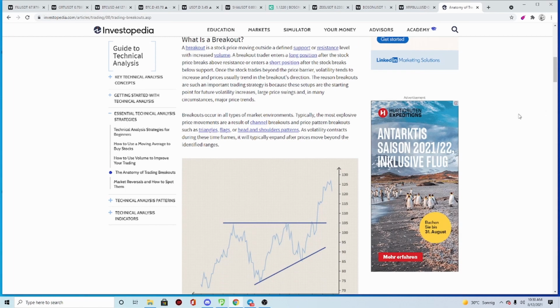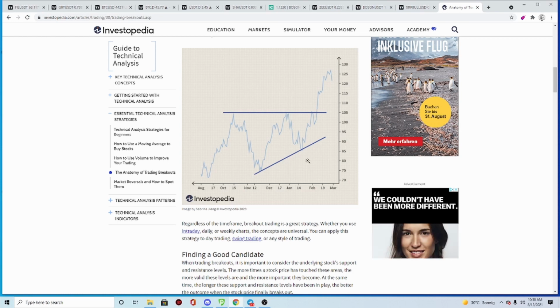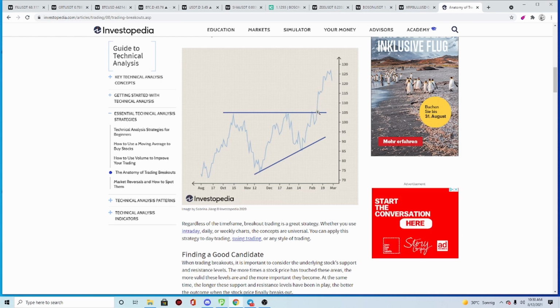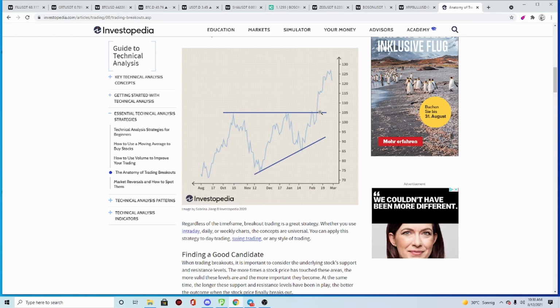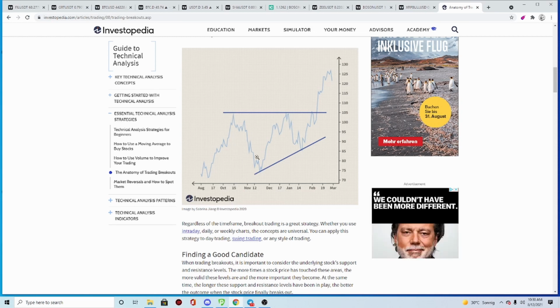Now, if you look down here, they give you an example. You've got a pennant right here. Basically, the idea of buying the breakout is, boom, you want to buy above this line, okay? Now, like we were talking about before, how you would know the measured move of your price target: measure the distance from end to end of the triangle, okay?